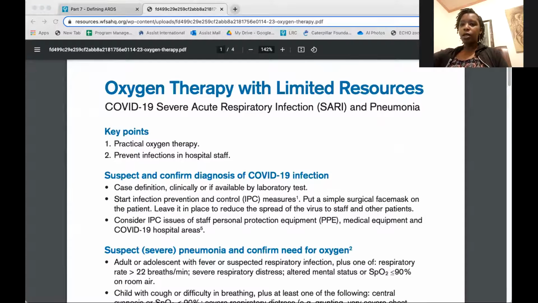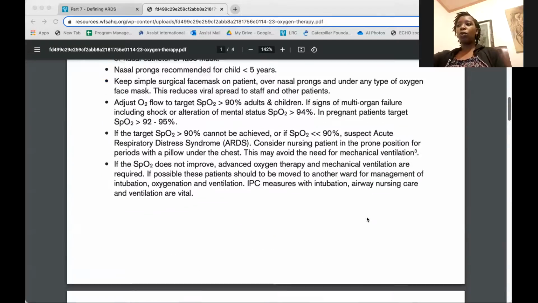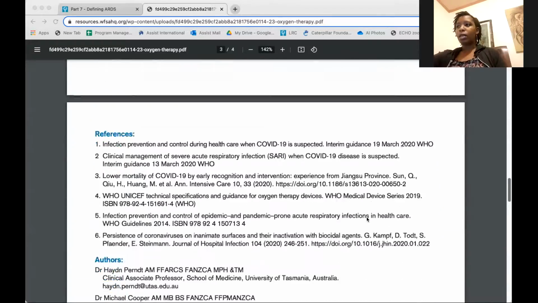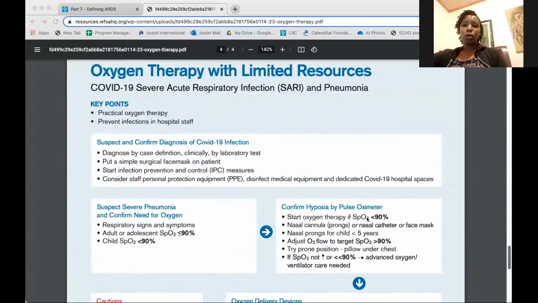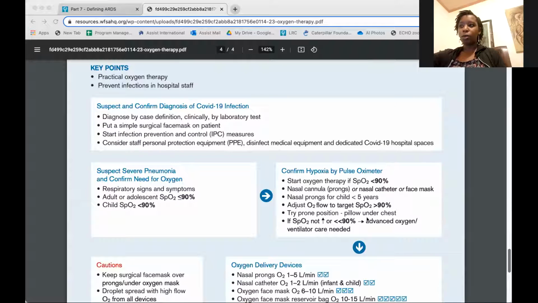For this patient, the saturation is 88%. That is already hypoxemia, and we see it through the pulse oximeter. So an SpO2 of less than 90% is in essence considered hypoxemia.